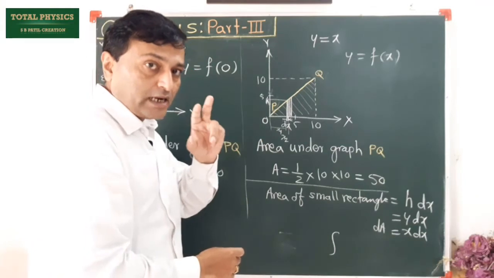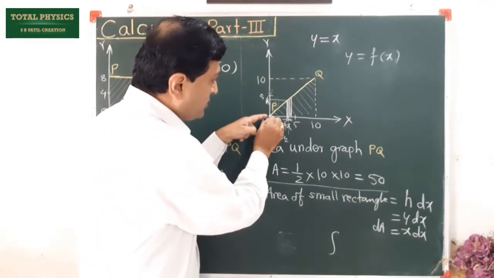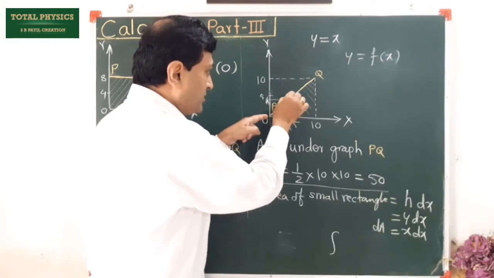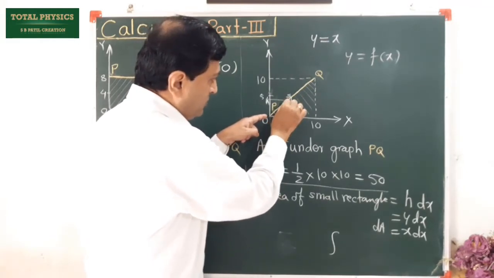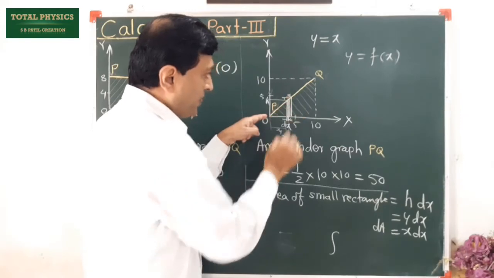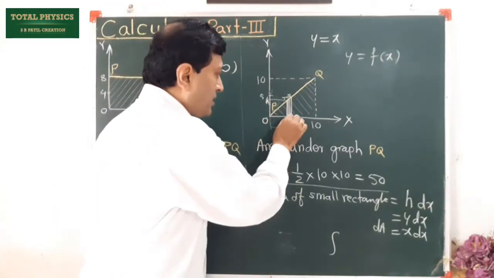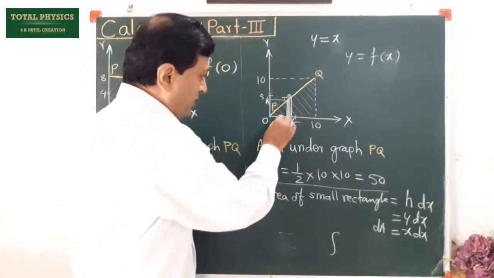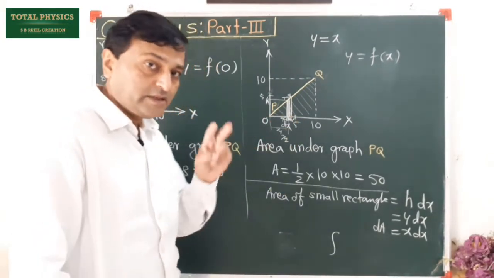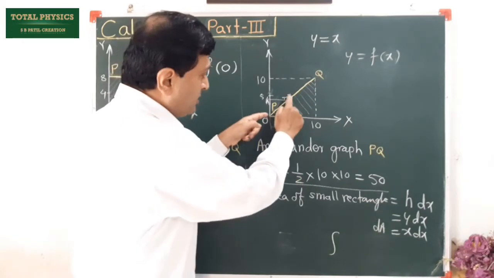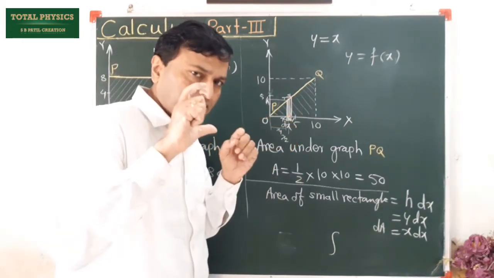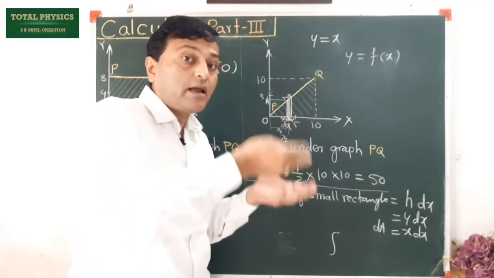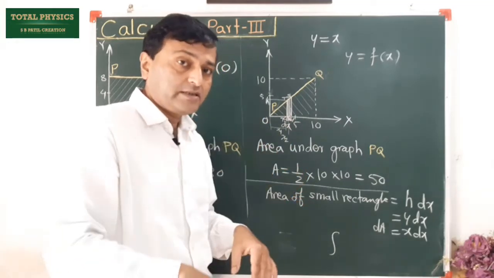There are two triangles, from 0 to this point, suppose it is S, from 0 to this point, suppose it is T, OS and this point S dash, OT this point T dash, means there are two triangles. Now this area is a slightly large triangle and this area is slightly smaller than that, that difference is dA.